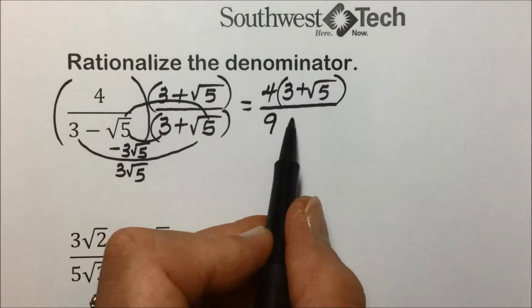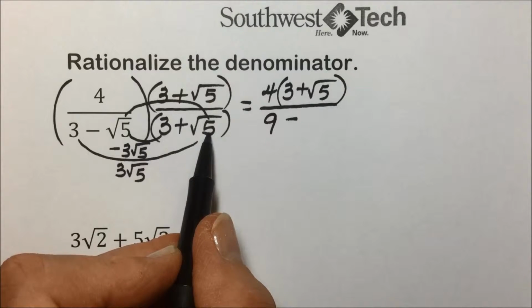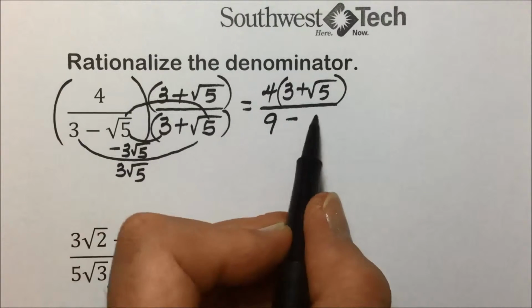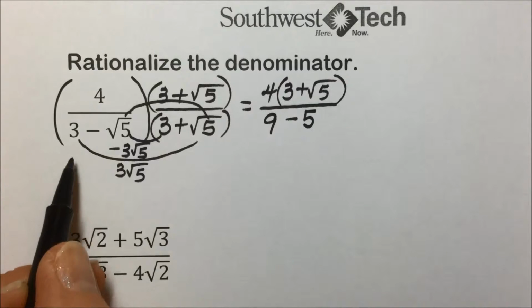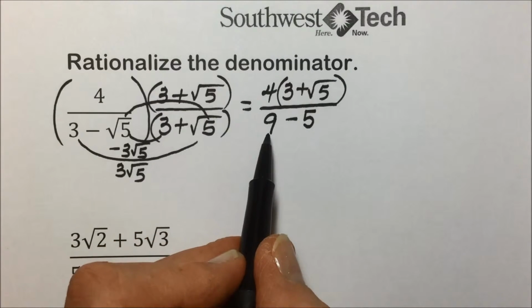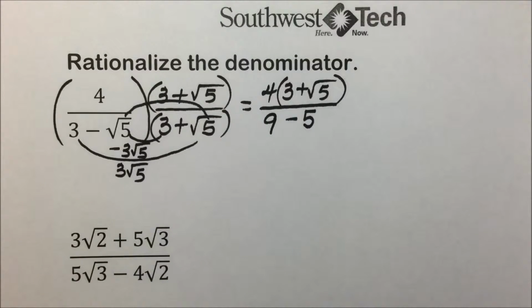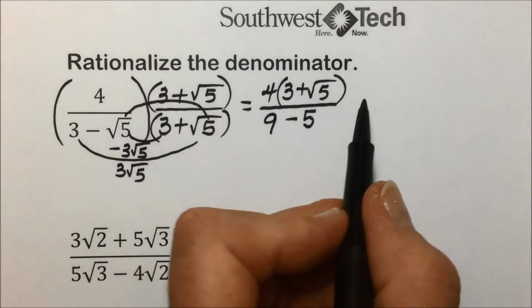A negative times a positive is a negative, and the square root of 5 times the square root of 5 is the square root of 25, or 5. You can think of this as a minus b times a plus b results in a difference of squares. Square the first minus the square of the second term. Our radical's gone. The only thing left is to simplify.